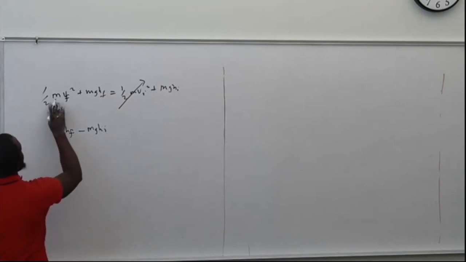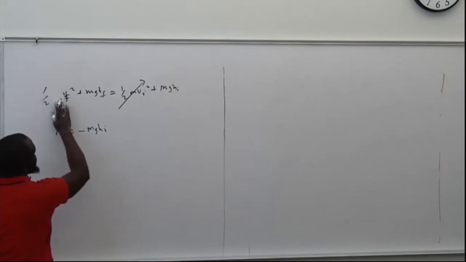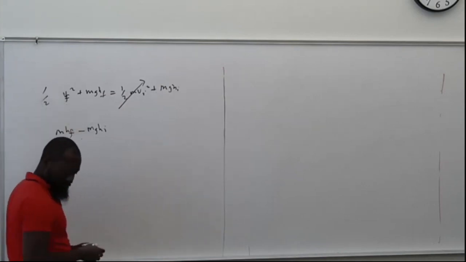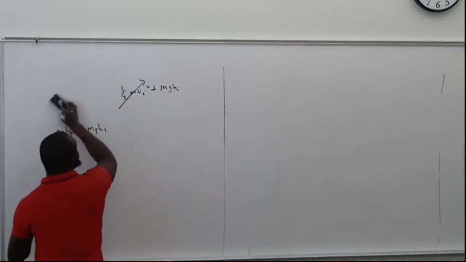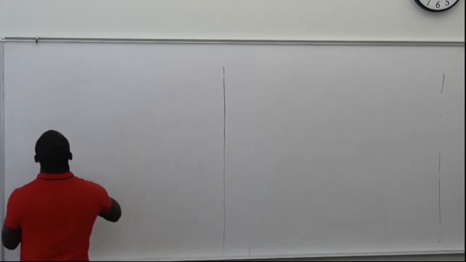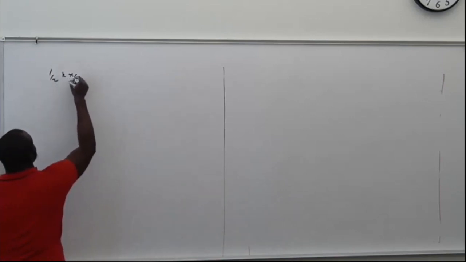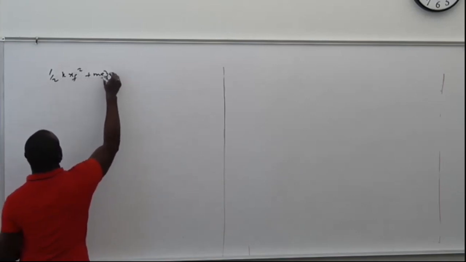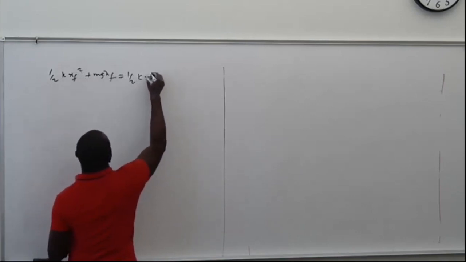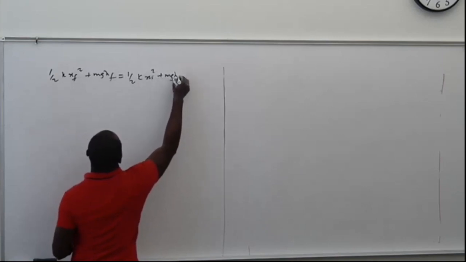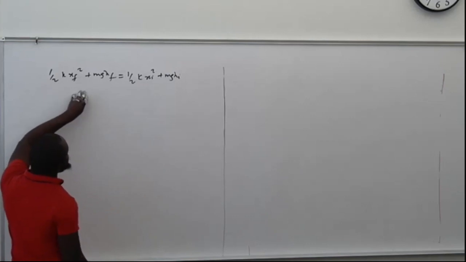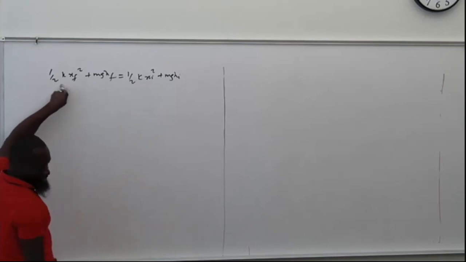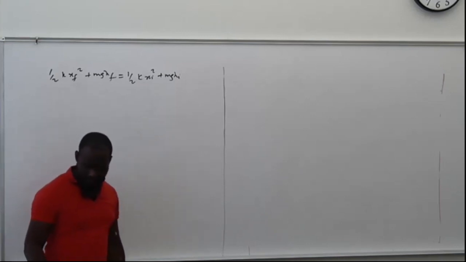So here, we're just going to do half kx final squared plus mgh final equals half kx initial squared plus mgh initial, okay? So here, to get our k, is that okay? Let's see this here.